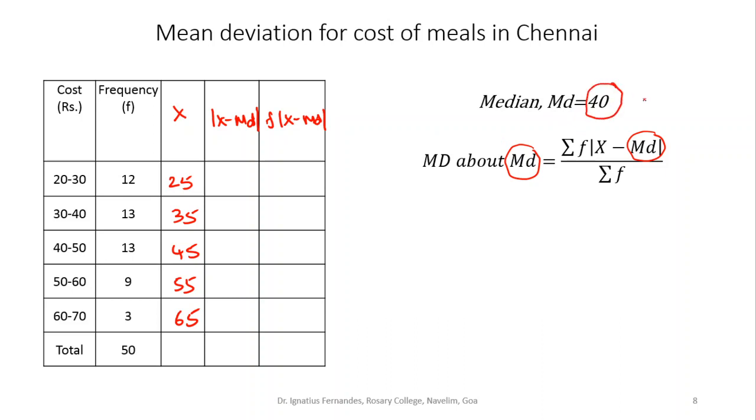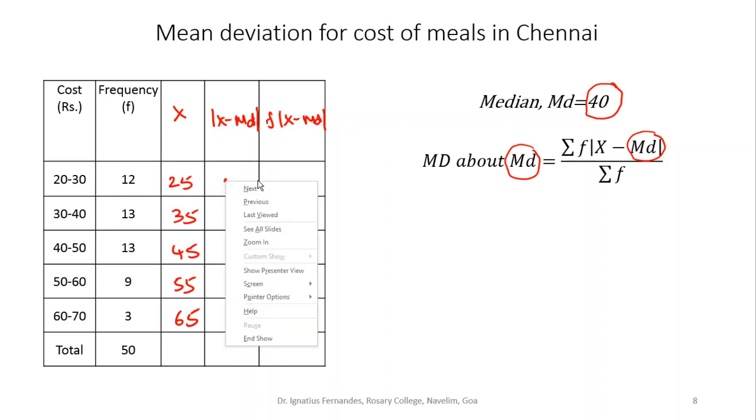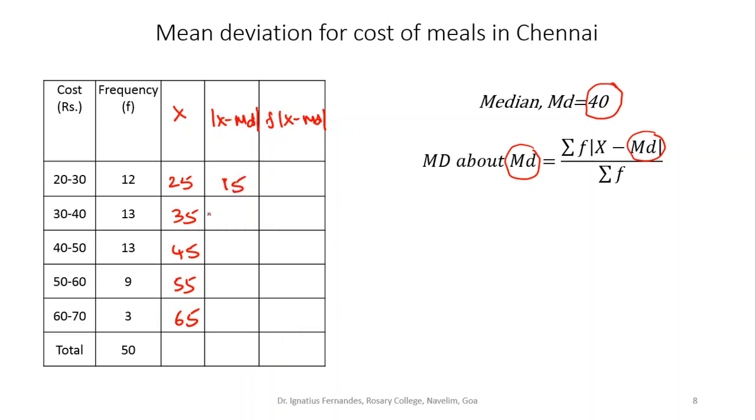This is similar to what we have done in the previous case. 25 minus 40, this will be 15, with a positive sign. 35 minus 40 is 5 with the absolute sign. So this is 5, 15, 25.